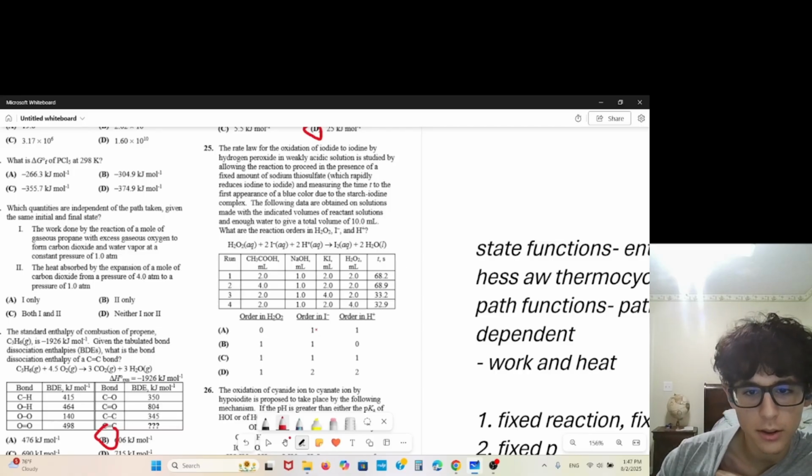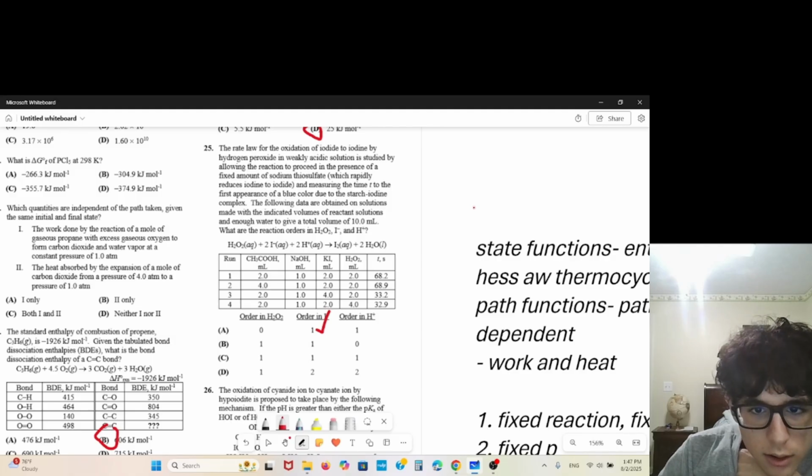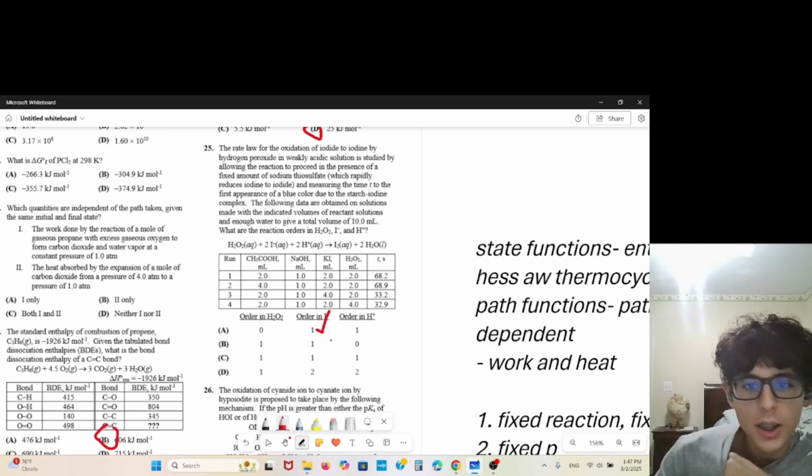So it's 1, right? But H2O2 is 1 and 4, and I minus is 1 and 3. Same thing happening, roughly halving the time, right?